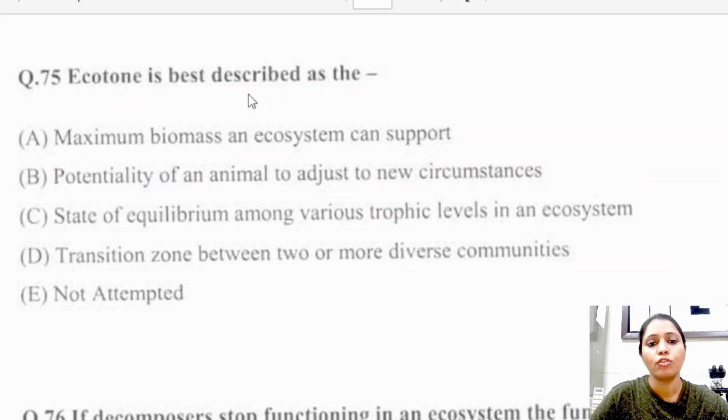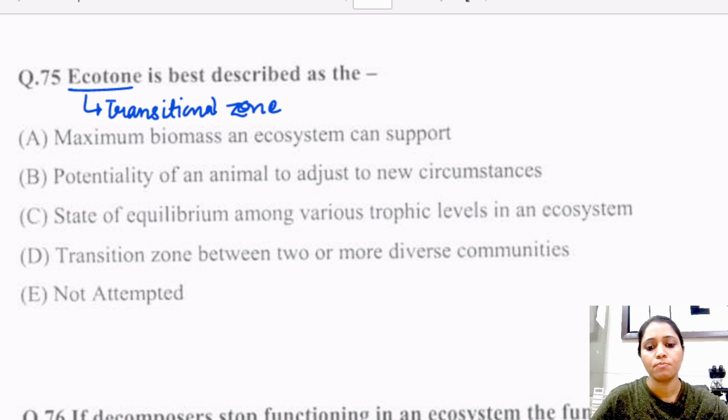Next question is, ecotone is best described as the... So ecotone is a transitional zone between two ecosystems, and the most specific feature of this ecosystem is that it has species from both adjacent communities, and some unique species are also present in this area, and it has high species richness. So option D is the correct answer for this question.